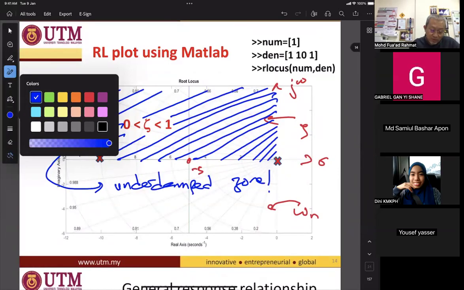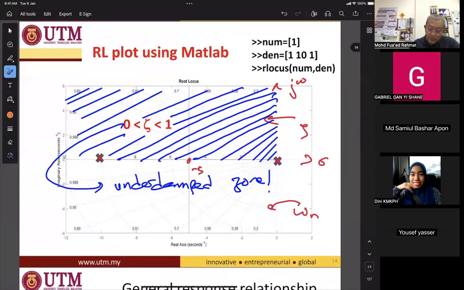So again, I would like to remind you, this blue quadrant is between 0 and 1. On this axis zeta is equal to 0, and on this axis zeta is equal to 1.